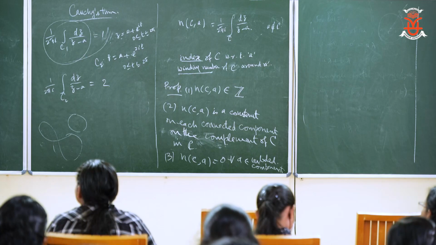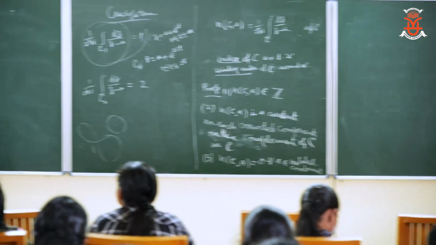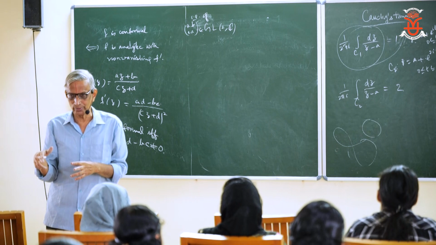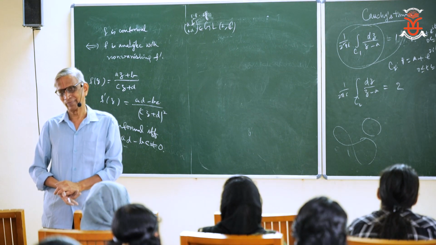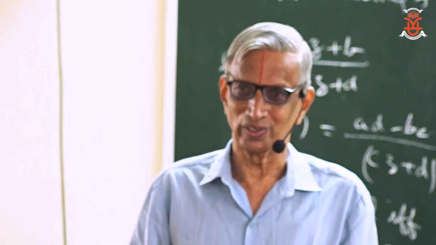So now you go back to the condition that you usually write in Cauchy's theorem. The closed contour and the interior of the contour both lie in the domain, which means what?